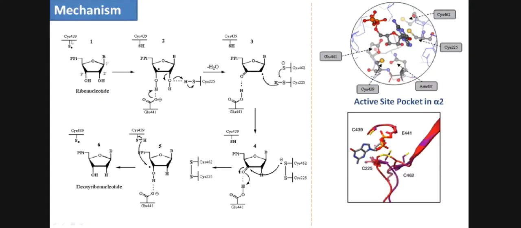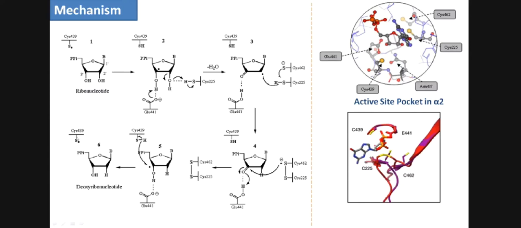At first, the thiyl radical of cysteine 439 abstracts a proton from the 3' position, and in this way glutamic acid and cysteine oxidize these to carbonyl, and a radical is generated. By this process a sulfur-sulfur bond is formed and hydrogen is present here, and then again one radical is transferred, and here one radical is generated.